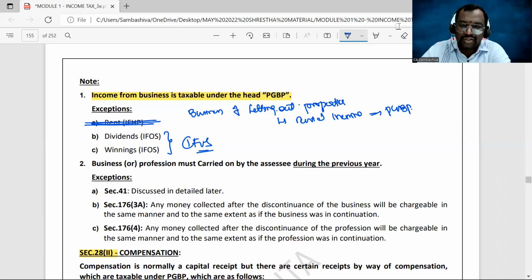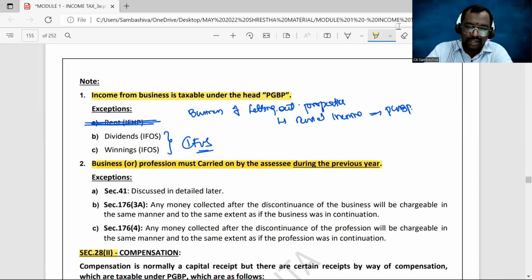So winnings from lotteries, bettings, gambling, card games, crossword puzzles, TV shows, races including horse races, all these are always taxable under the head income from other sources only.